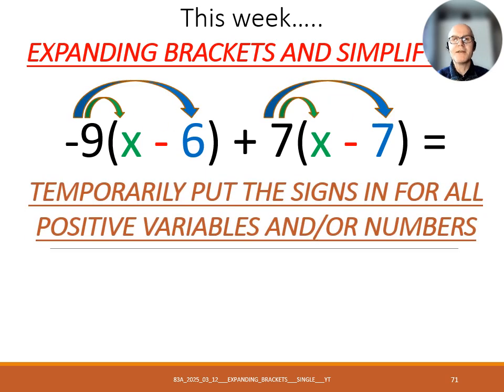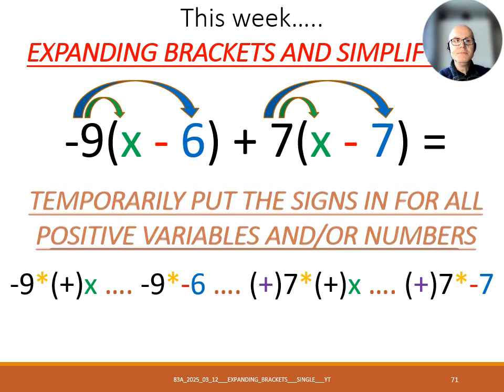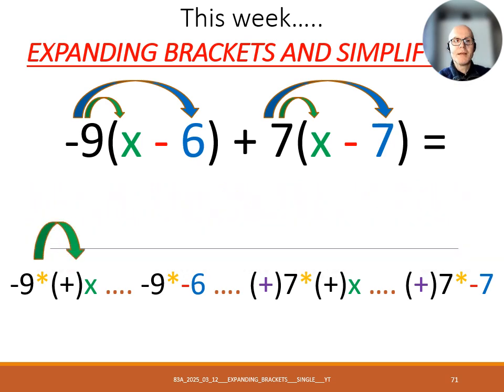Put the positive signs in for any positive variables or positive numbers. Negative 9 times positive x, negative 9 times negative 6, positive 7 times positive x, and positive 7 times negative 7.